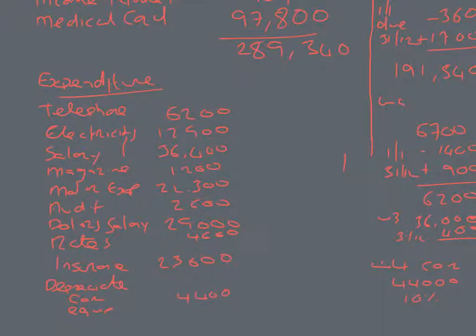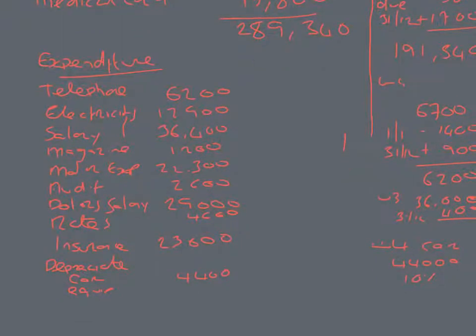And after that, then we have the equipment. So the value of the equipment at the start of the year is 8,000. Then they purchased equipment throughout the year, so you can see that in payments of 18,000.